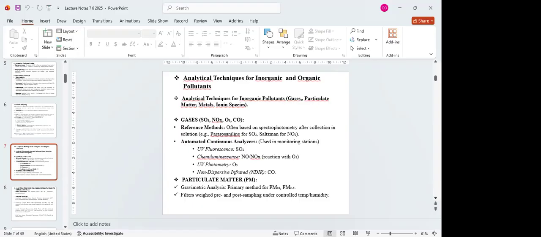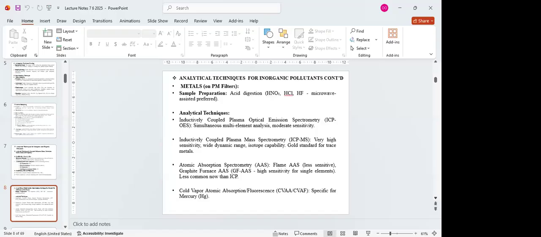Now, we also need to carry out, because there are two basic particulate size standards, the 2.5 and the 10 micron particulate size. We also have to use another method, which is not gravimetry per se.